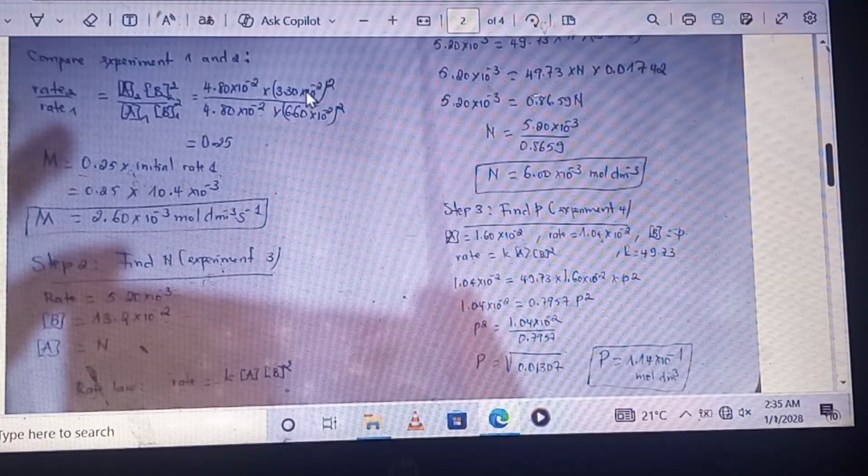We put in the values and you see that this ratio of rates is equal to 0.25. To find M as the initial rate, we take 0.25 times initial rate 1. We put in the values and you see that M is equal to 2.6 times 10 power negative 3 molar per decimeter cube per second.